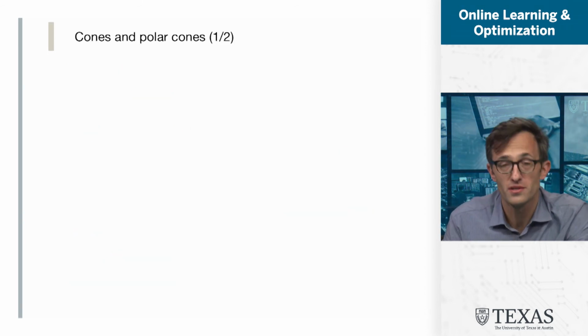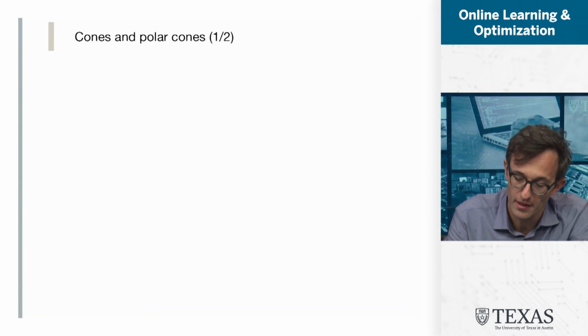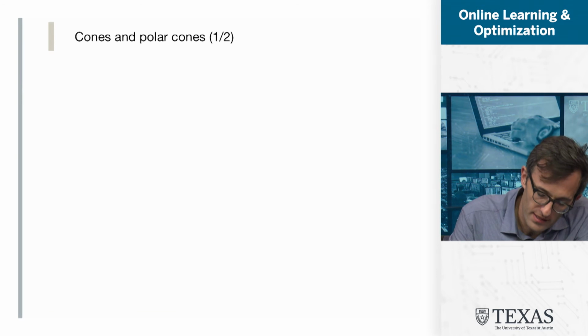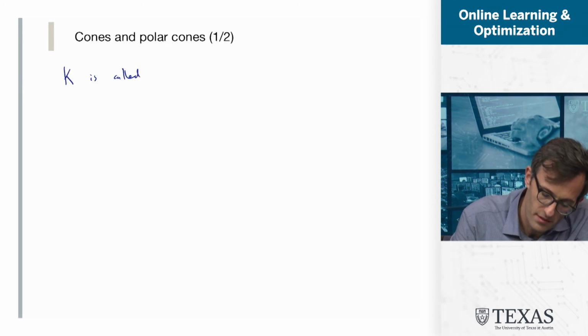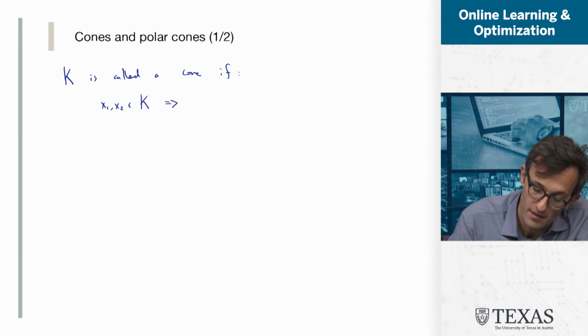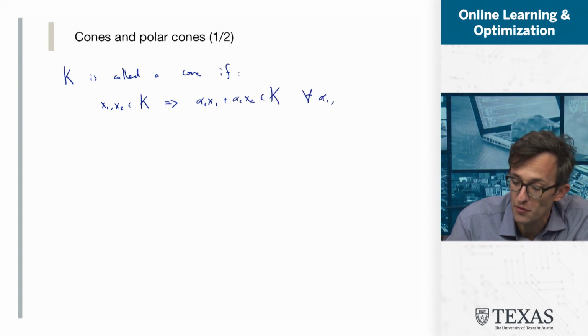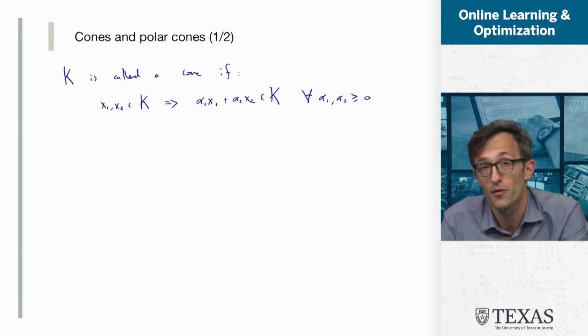There are 2 more definitions that we need that are going to be important to us. A set K is called a cone if whenever x1 and x2 are in K, then alpha 1 times x1 plus alpha 2 times x2 is also in K for any values of alpha 1 and alpha 2 that are greater than or equal to 0.